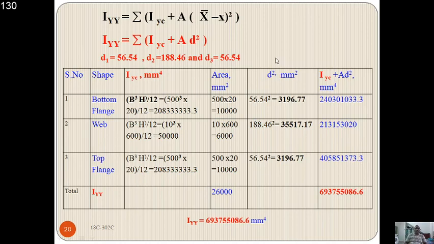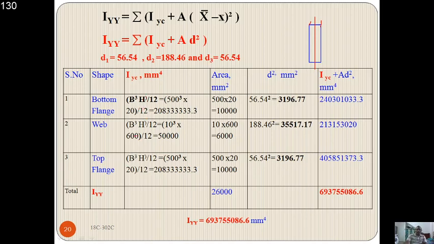After knowing those values, use the parallel axis theorem formula. Iyy is equal to sigma Iyc plus A times the distance squared of the parallel axes. Then substitute the d values and area values, and for the Iyc we need to take b cube h, because your axis is cutting like this, hence b is to be cubed, therefore b cube h by 12.